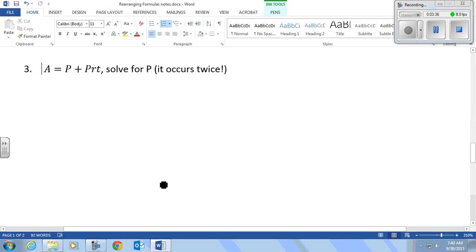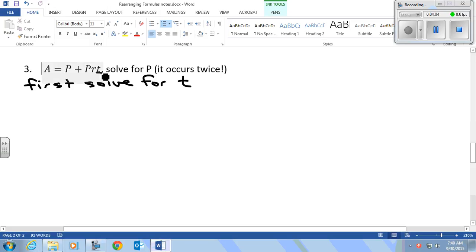Our third example is a simple interest formula where the amount or the future value is equal to the principal plus the principal times the rate times the time. And it says solve for P, but let's first solve for T. I want to get that T by itself.